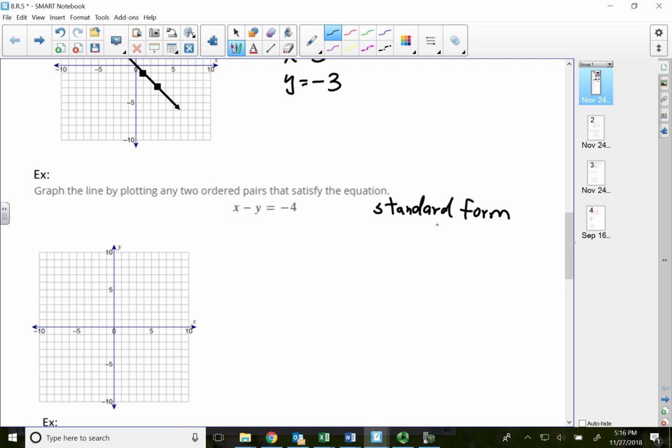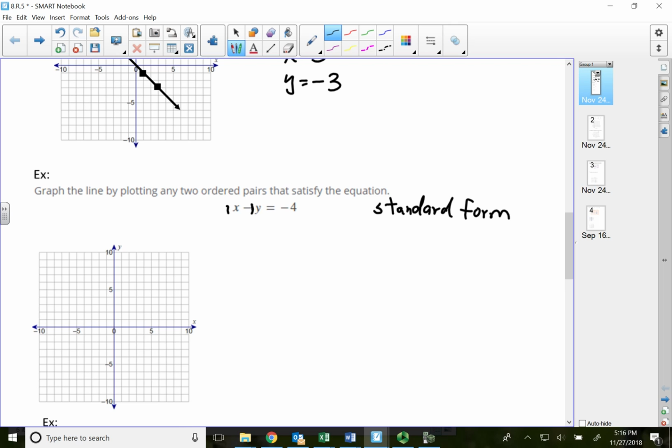The easiest way to avoid any fractions or decimals is to take a look at the number in front of x and y. Right now, both my coefficients in front of x and y are 1, and both of these 1 can go into my third number on the other side. So if both of them can go into the -4, I can pick for x or for y.